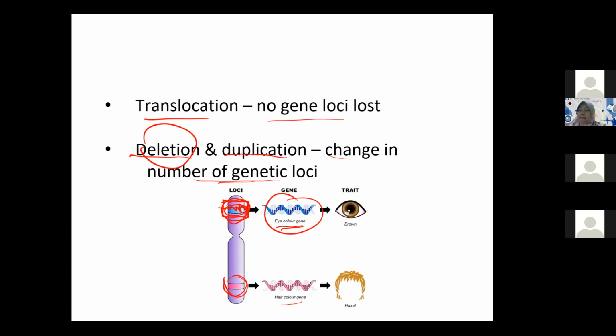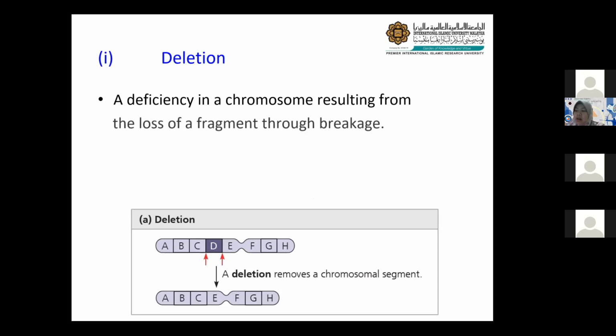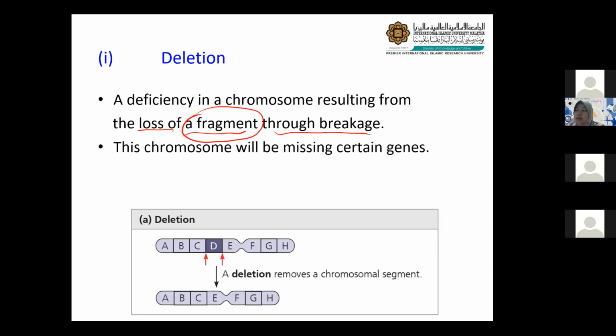Okay, let's start with deletion. What is deletion? Deletion is deficiency in a chromosome resulting from loss of a fragment through breakage. So what happened? A fragment of chromosome is lost through breakage, and this chromosome will be missing certain genes. Remember, sebab dekat locus ada mungkin lebih daripada satu gene.